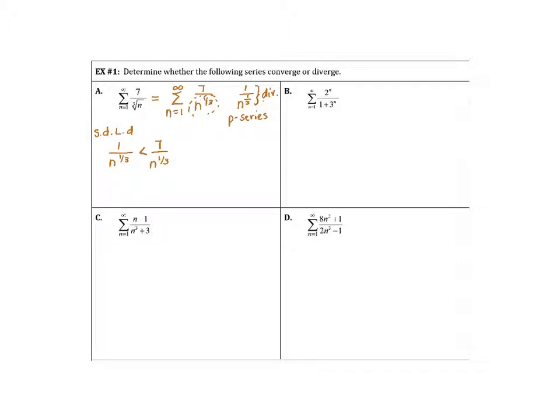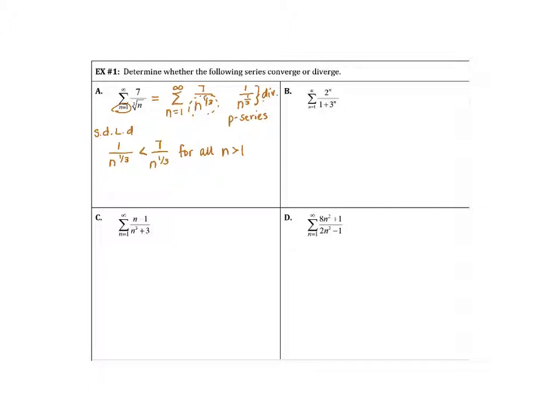And notice that is true for all n values. We can't have n equal to 0. So for all n greater than or equal to 1, we've got everything in place that we need to show.